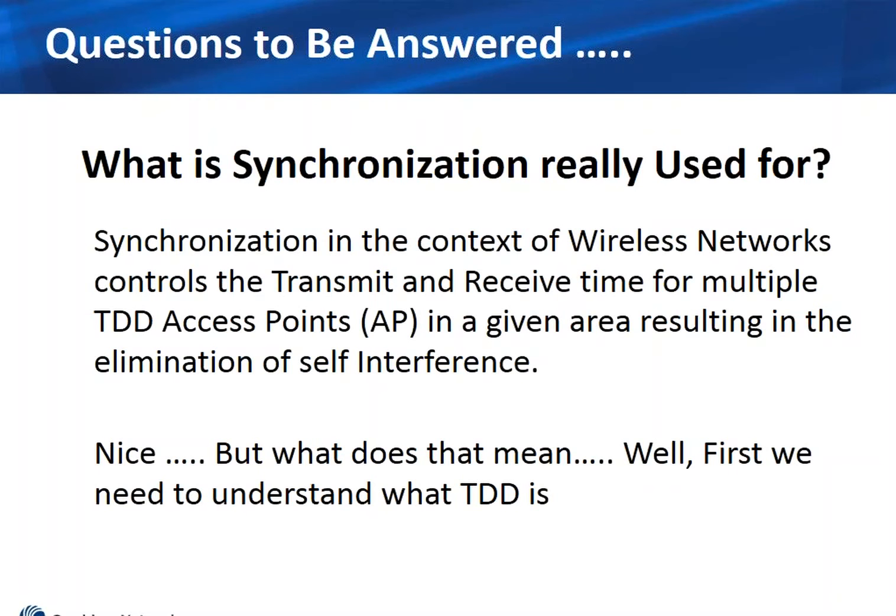However, if I start throwing interference in that link, that's going to erode the efficiency of that link, and instead of it being a 100 megabit link, which it's fully capable of, it now becomes a 60 megabit link or a 50 megabit link, solely because I have other links within my control that are interfering with it because I'm not able to time sync these transmit and receive times for the radios, and we'll talk a little more about that.